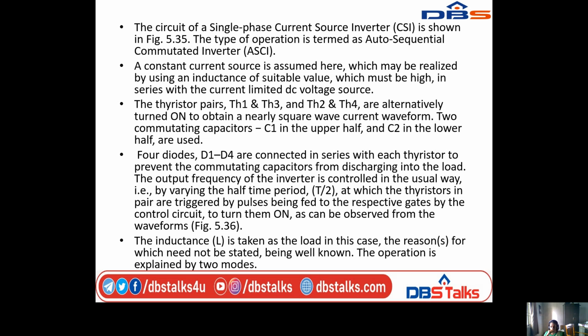The output frequency of the inverter is controlled in the usual way, by varying the half time period at which the thyristors in a pair are triggered by pulses fed to the respective gates by the control circuit.